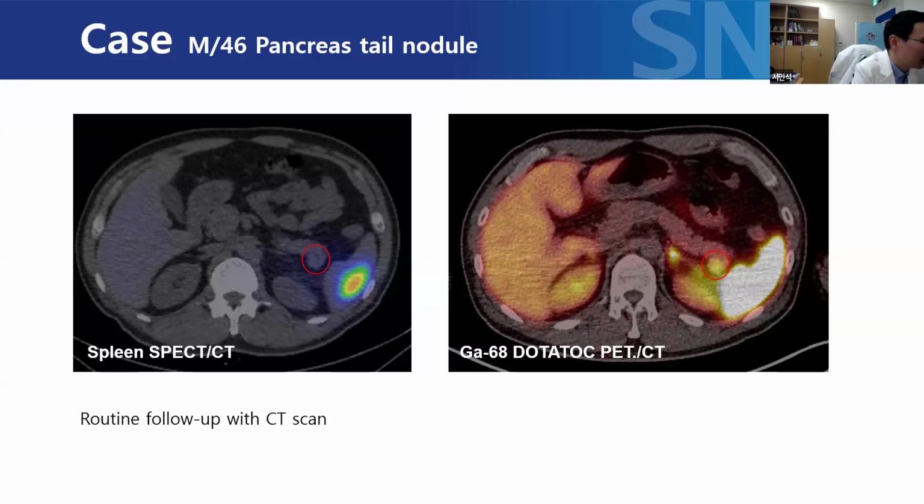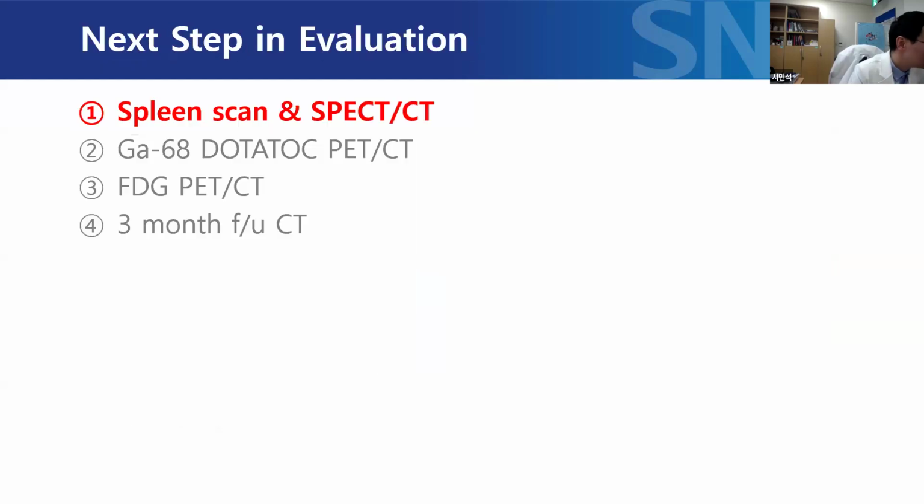In the negative case, if we subsequently do somatostatin receptor imaging, we can differentiate whether it is a neuroendocrine tumor or another malignancy. So in this case, it might be a better choice to conduct a spleen scan first, not the gallium DOTATOC PET-CT.